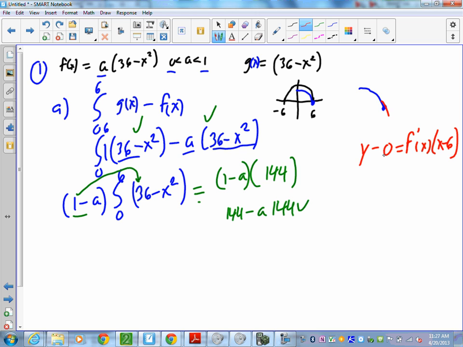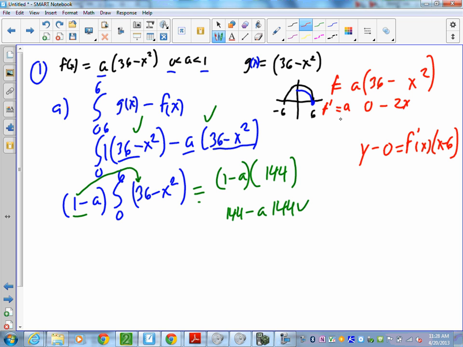So don't be too confused about a times 36. We can say that this is a constant. So we pull the constant out. So what's the derivative of this function? That becomes 0 minus 2x is the derivative.